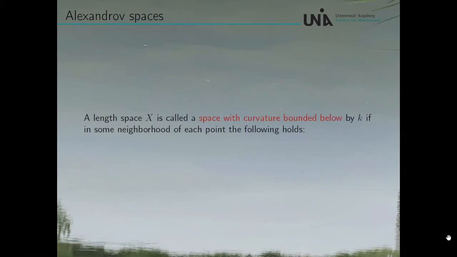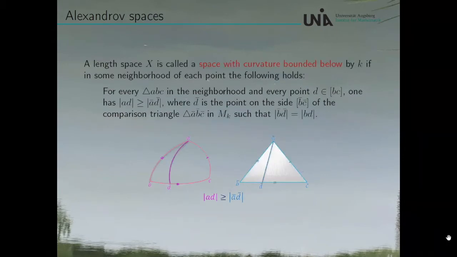A length space, which is a metric space such that the distance between any 2 points is the infimum of the lengths of curves connecting these 2 points, is said to be a space with curvature bounded below by some constant k if every point has a neighborhood such that for each triangle in this neighborhood we have this condition.